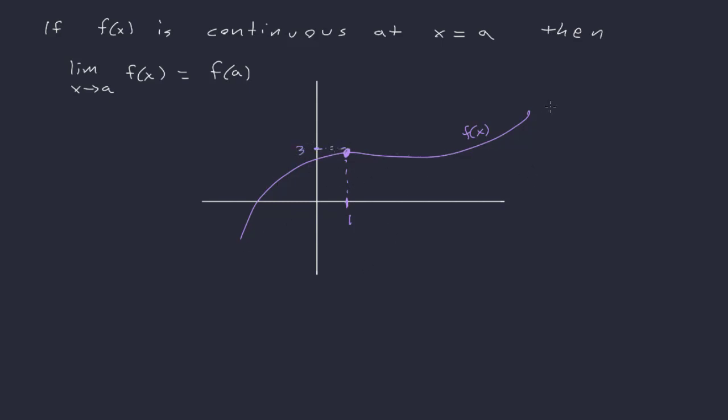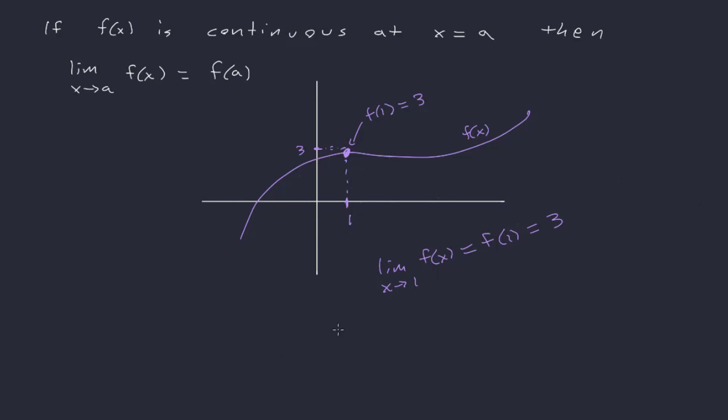Notice there's no hole, no break, no jump, nothing weird going on. This would be f of 1, which is equal to 3. So the limit as x goes to 1 of f of x is equal to f of 1, which is 3. And this will be the same thing as the left and right. This will match up from the left and the right.